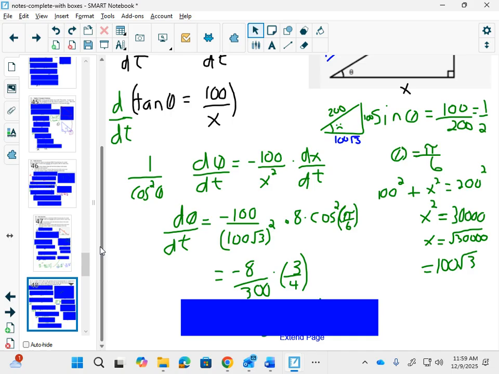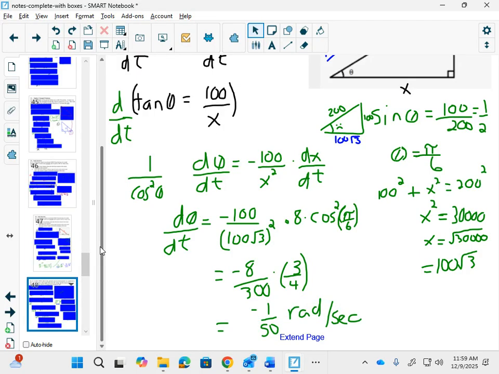Of course, cos of pi over 6 is root 3 over 2, so cos squared will be 3 over 4. And again, our units are radians per second.